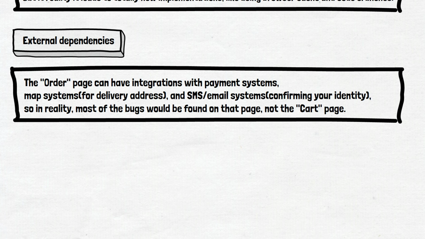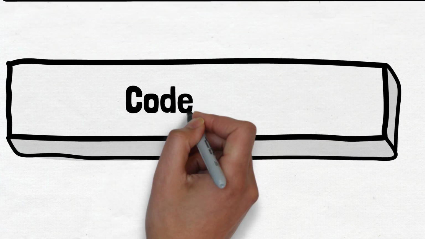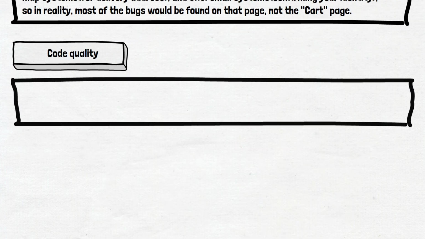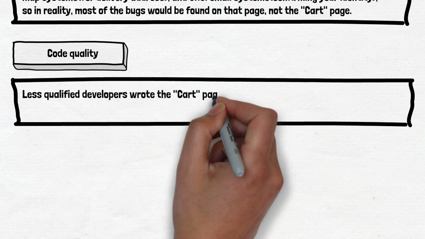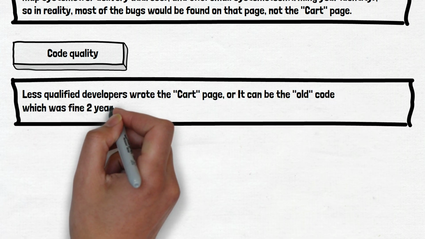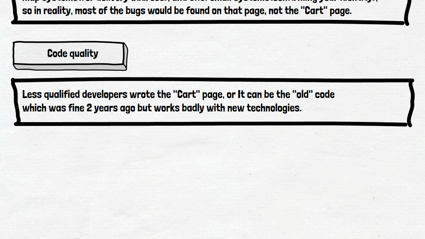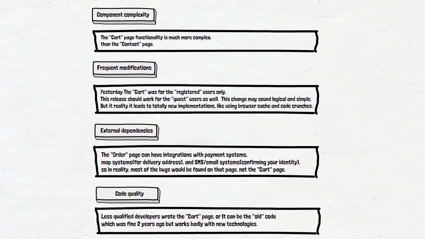So in reality, most of the bugs would be found on that page, not the cart page. Code quality. Less qualified developers wrote the cart page, or it can be old code which was fine 2 years ago but works badly with the new technologies. These and many others lead to defect clusters, groups, and parties.